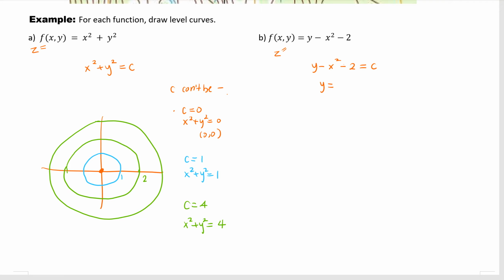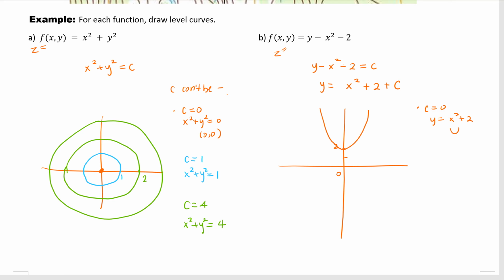Well, you can see the degree of y is 1, the degree of x is 2, so we can consider y is like a function of x. Then we move the x squared and the 2 to the other side. So if c equals 0, then we have y equals x squared plus 2. Well, this is a parabola opened up, and it passes through the point 0, 2, right? Let me draw it better.